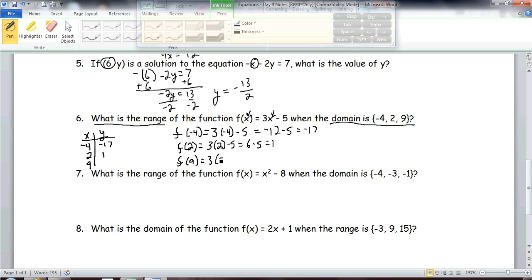Well, it's 3 times 9 minus 5. So that's the same as 27 minus 5, which is 22. So when x is 9, y is 22. Now over here I'm going to write my answer, the range, in order from least to greatest.